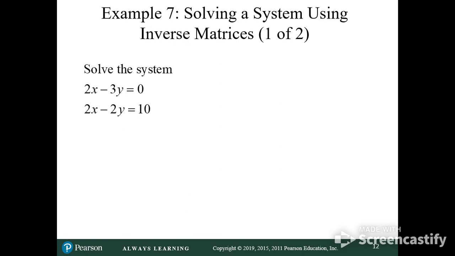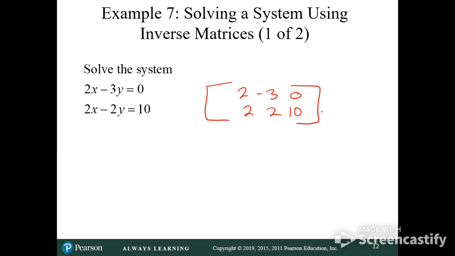So here's matrices, okay? So we're going to have a matrix of 2, 3, 2, -3, and 0, 2, 2, and 10. Now, we already know methods of solving these, which is much easier, but I'm going to show you how we do it this way, okay? So what we want to do is figure out the easiest way of doing it.